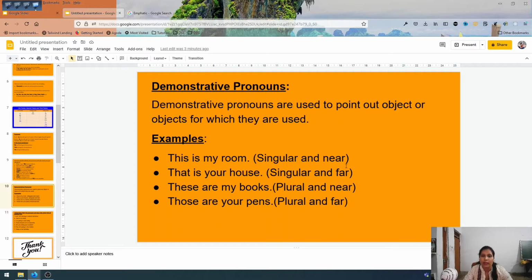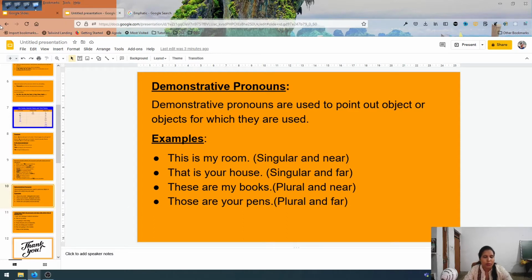We use these when something is near to us and it is plural, means we are talking about more than one thing. And we use those to demonstrate the things which are far from us and it is plural, that is there are more than one thing.